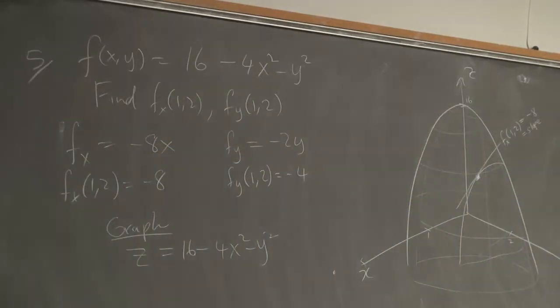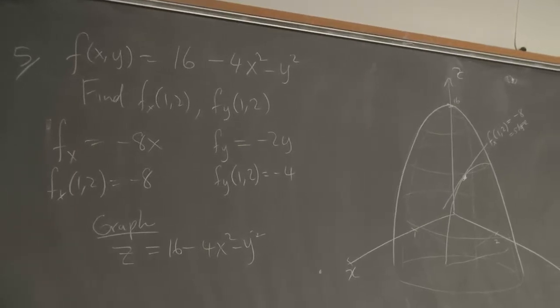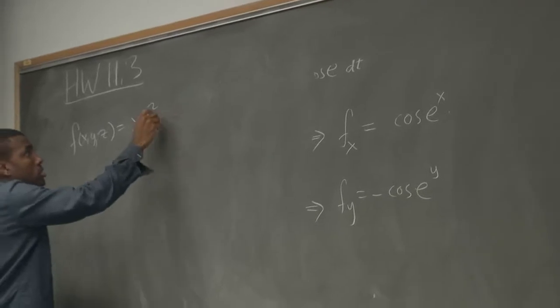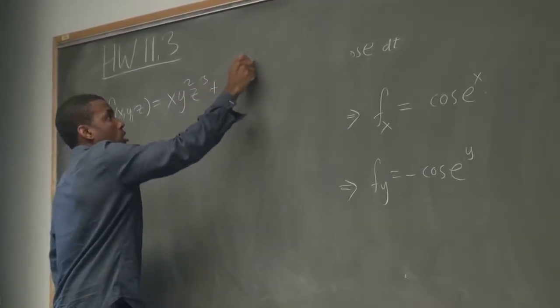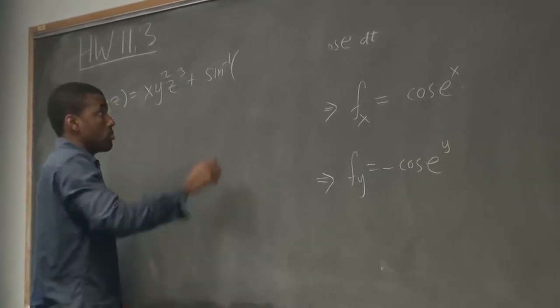Other questions? Can we do the problem? What's 59? Okay, it says a function f of x, y, and z equals xy squared z cubed plus arcsine of x radical z.